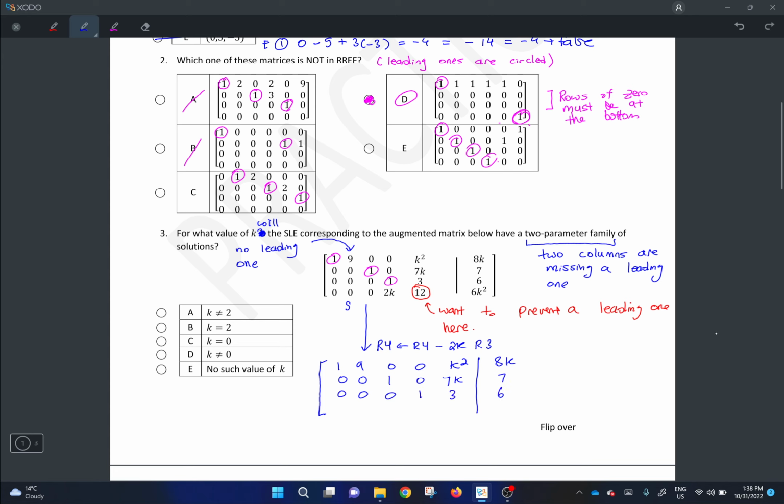And then row 4 is the only one that's changing. 0 minus 2k times 0, 0. 0 minus 2k times 0, 0. 0 minus 2k times 0, 0. 2k minus 1 times 2k, 0. And then 12 minus 3 times 2k, so 12 minus 6k. And then the last entry, 6k squared minus 2k times 6, so minus 12k.